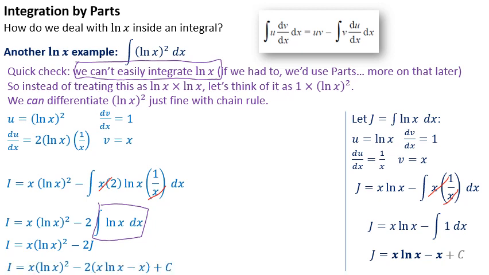Now we can just take that result, substitute it right back in on the left-hand side, and we've got our answer. Just a quick point about the plus c. I've put it in grey on the right-hand side, and that's not because it shouldn't be there. In some sense, it should. But if we're going to take that result and substitute it back into something different, there will be an additional constant of integration that comes into play at the very end. All we're going to do with this new integral j is multiply it by minus 2.